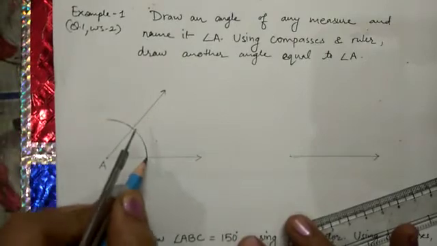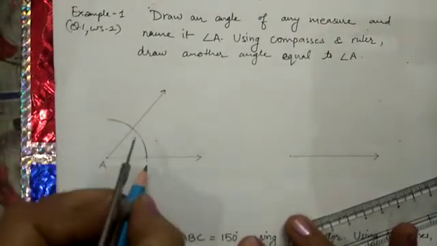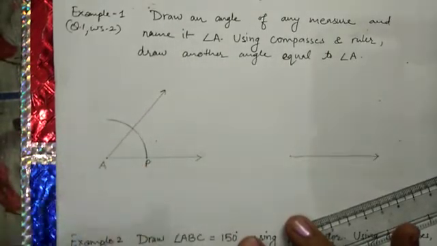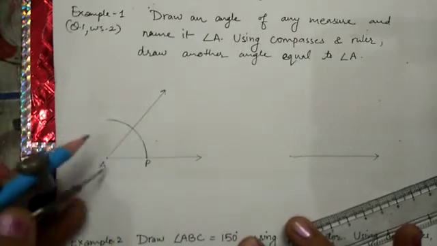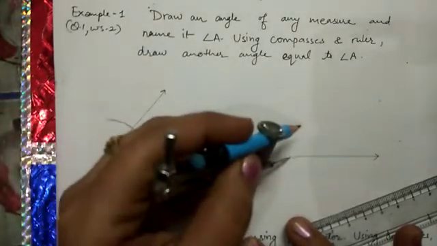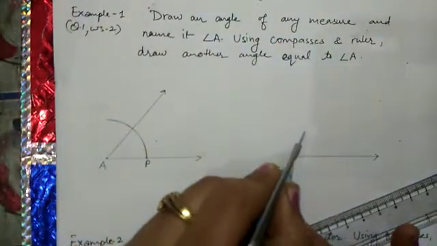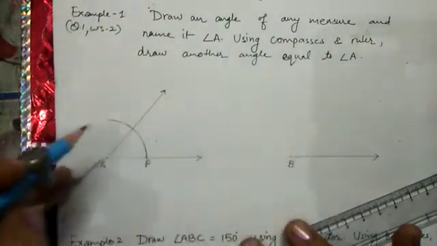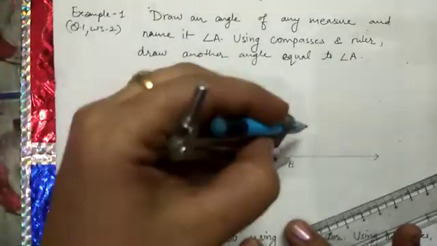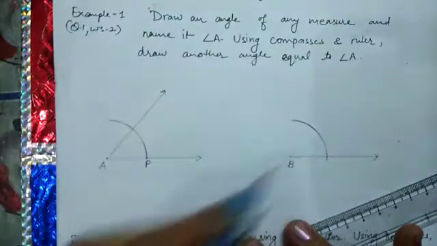Let us name this point as P. Now first of all, keep your compass at this point. Let us name this point as B and of the same radius we will draw one more arc.